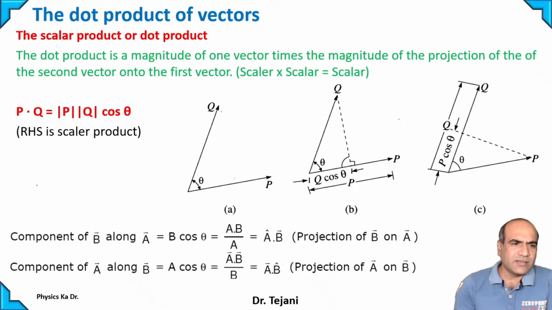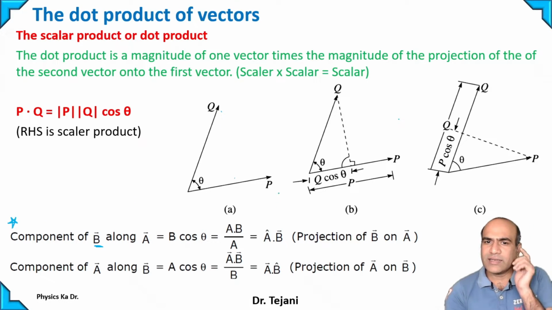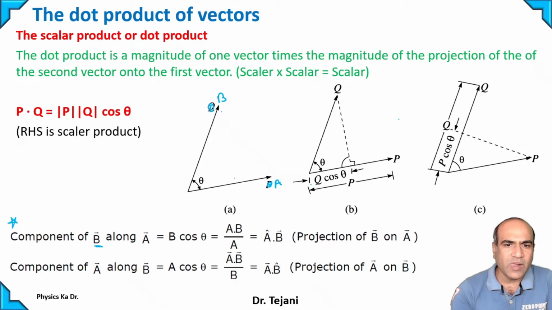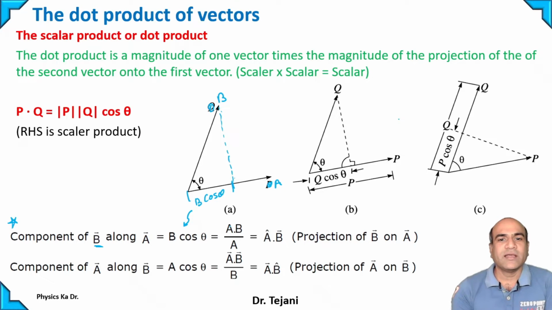Now, in some exams, you may have questions like the component of B along A bar. So you just need to take the projection. Component of B, that means its projection. That is B cos theta.